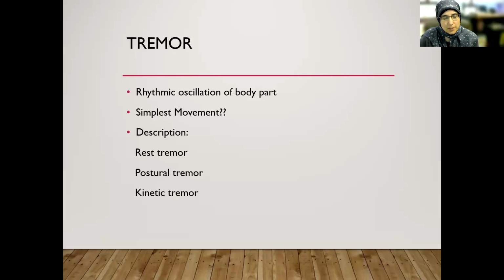As an example, if the arms are lifted and raised in front of the body, or if an individual is doing something and their hands are still in that position, then that is a postural tremor if somebody experiences shaking during that. And then kinetic tremor, again, as the name indicates, is a tremor or shaking that happens when the body part is in motion.